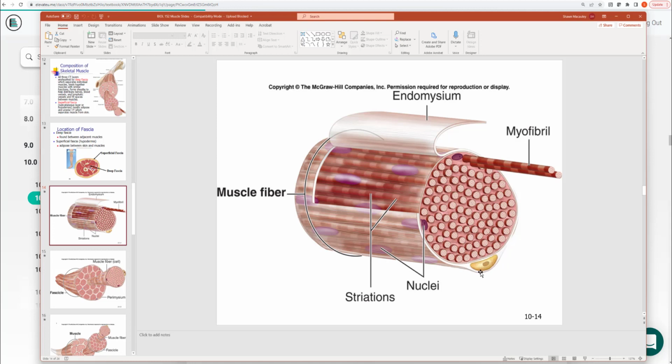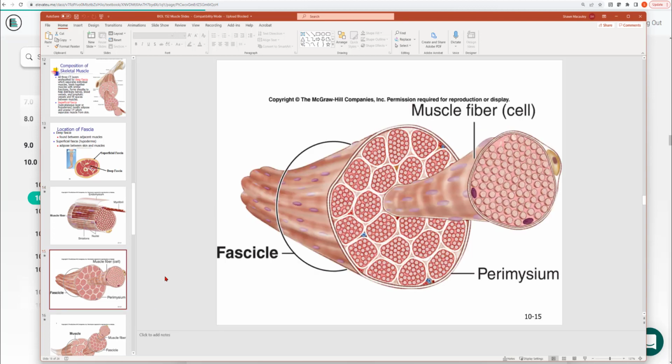This is called a satellite cell. A satellite cell is a muscle stem cell. So if you damage your skeletal muscle, it does have the ability of regenerating or repairing itself. So these satellite cells, right, they're out in the periphery, like a satellite floating around the outside. And this is just a little clue that there are stem cells in your muscles.